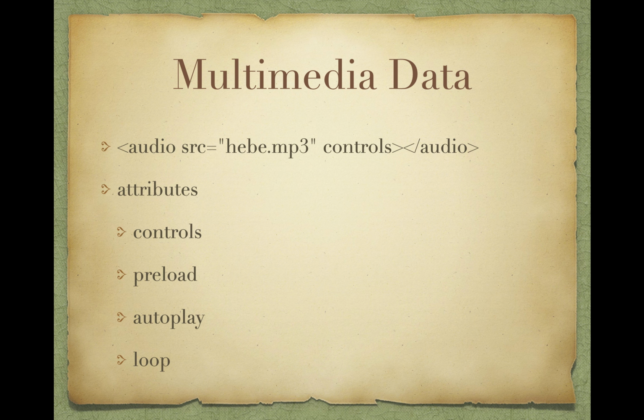The format of audio data is the audio tag here, and there is the SRC, which means the source. Similar to the image tag, we need to specify the source of the audio file. You can specify the file name here. Also, if the file is located in a different subfolder, you need to write the folder name here.